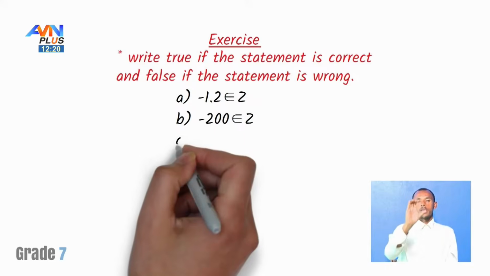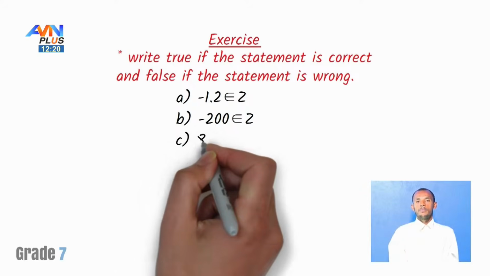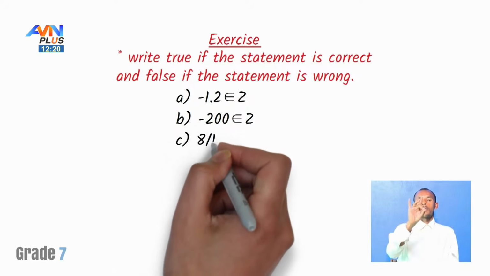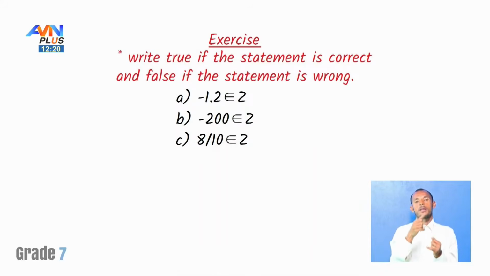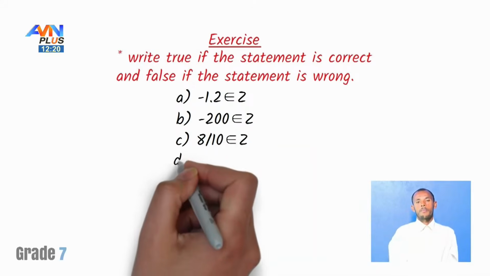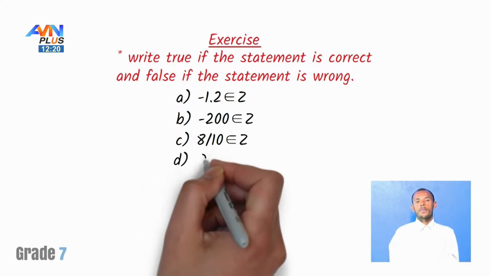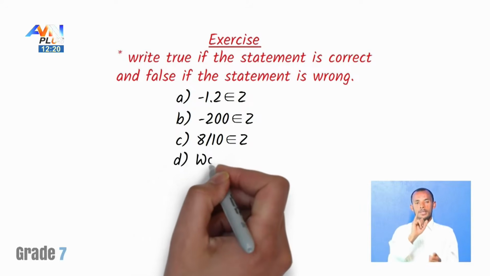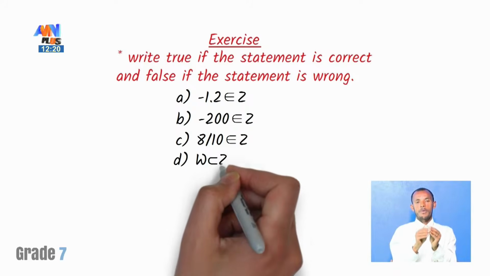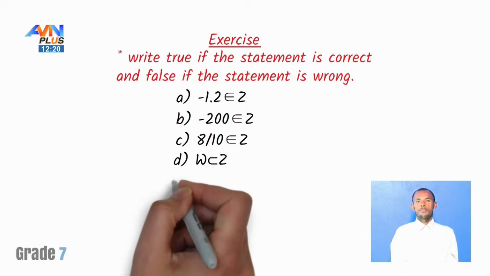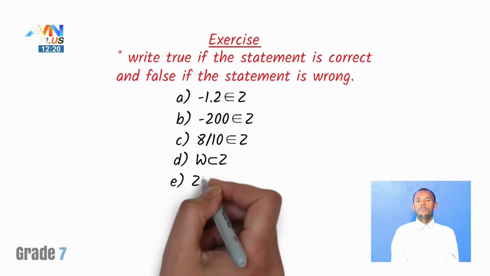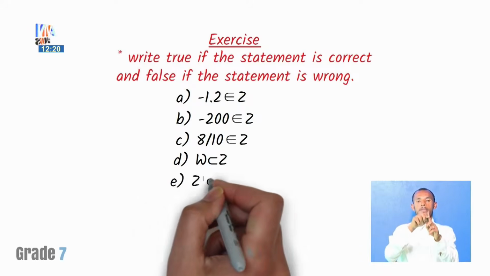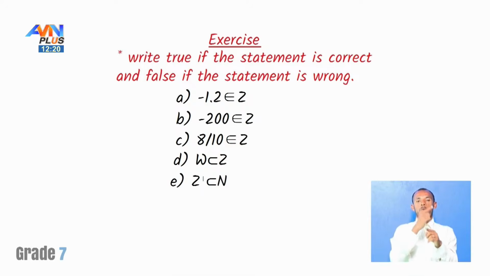C, 8/10 is an element of Z. D, W is a proper subset of integer. E, Z plus is a proper subset of natural number.